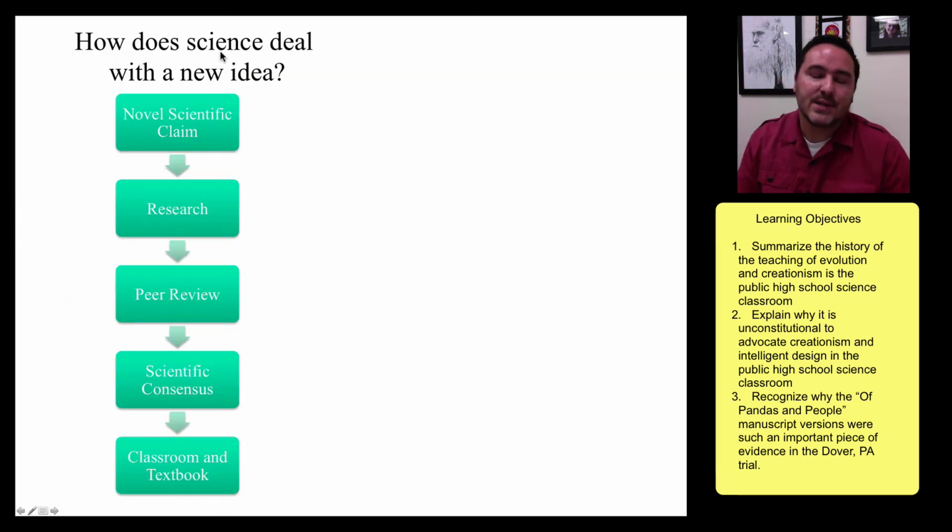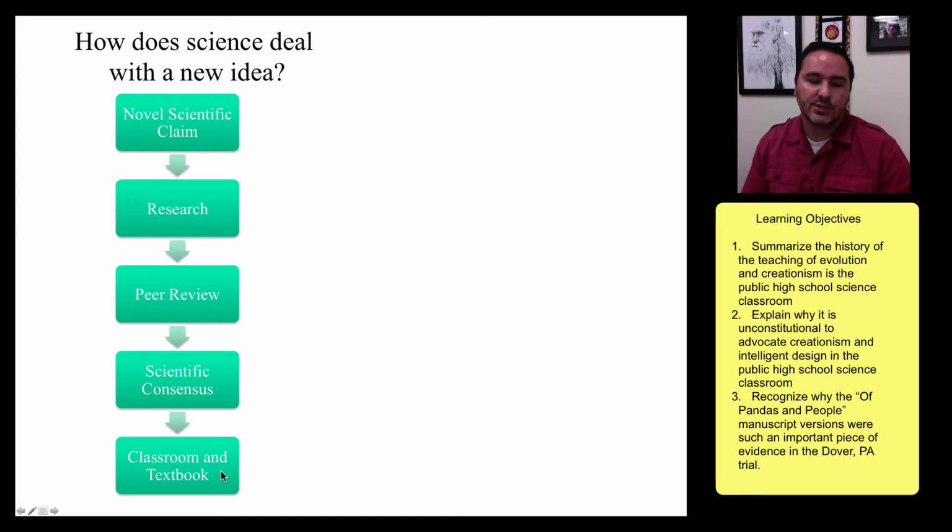The point is, though, that any idea, whether it's intelligent design or any other idea in science, it doesn't really matter, any new idea that comes forward must go through this process. It's a novel scientific claim, then research is done on it, then peer review is performed on all of the research, and if it is a good idea and enough studies have concluded the same thing, and more and more evidence is mounted to support the novel scientific claim, then it becomes scientific consensus.